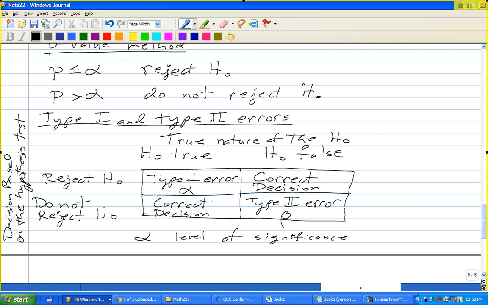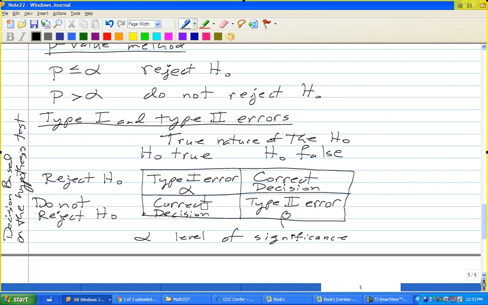And so, in general, we fix the level of significance alpha because we know what our tolerance is for convicting innocent null hypotheses. So what level of significance, what is our tolerance for convicting innocent people?